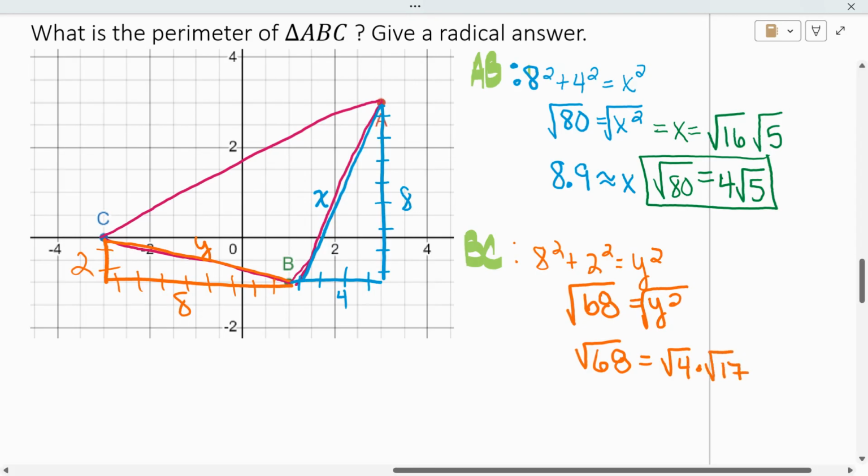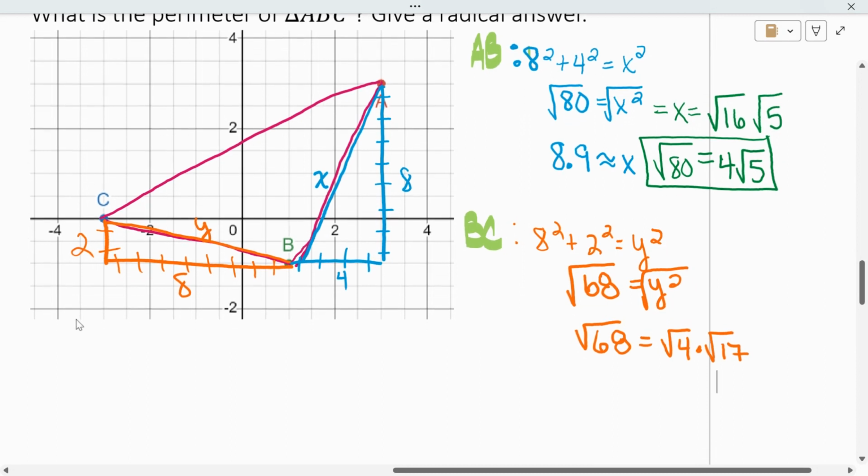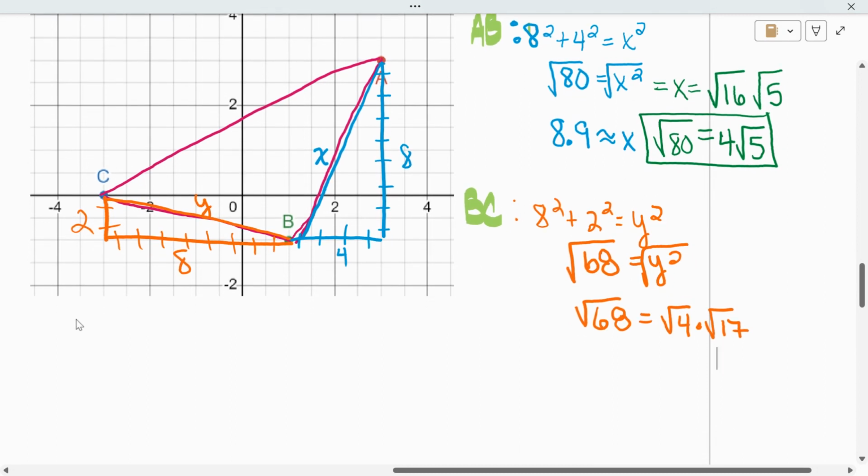But what is the square root of 4? 2. So this is 2 square root 17. That's what BC is.